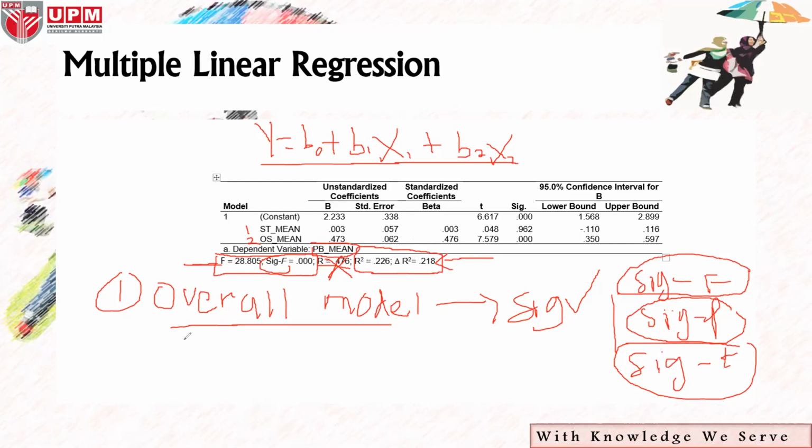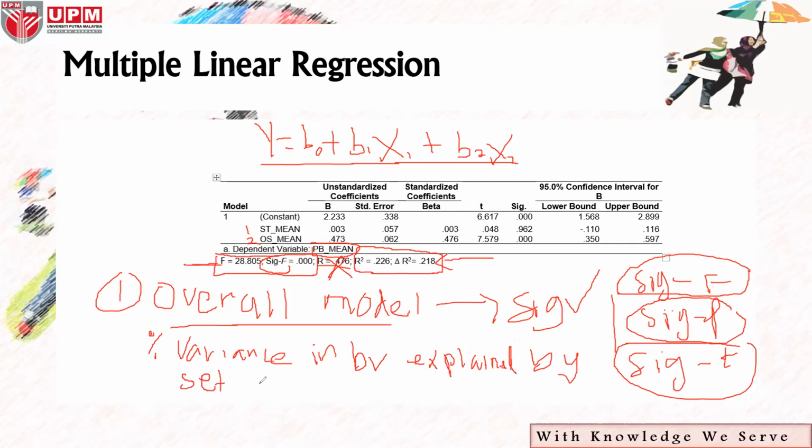Okay. So macam mana kita nak baca R square ni? R square ni will explain how much, or the percentage of, variance explained in the DV by a set of IVs.